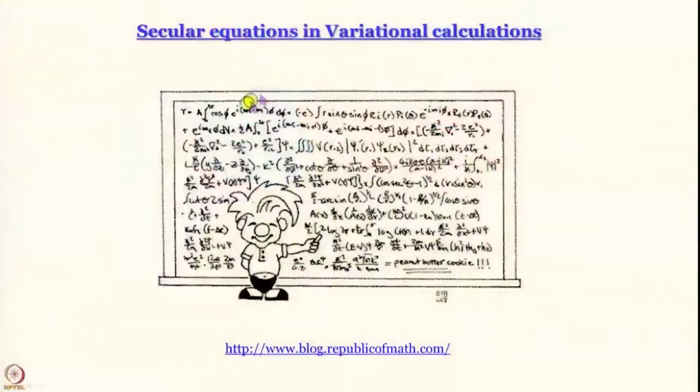I found this nice cartoon in Republic of Math which sort of depicts the state we are presently in. What we are doing is a lot of calculations, a humongous amount of calculations, so humongous that we are not even doing it, at least I am not doing it. I am telling you that you can do it by yourself.